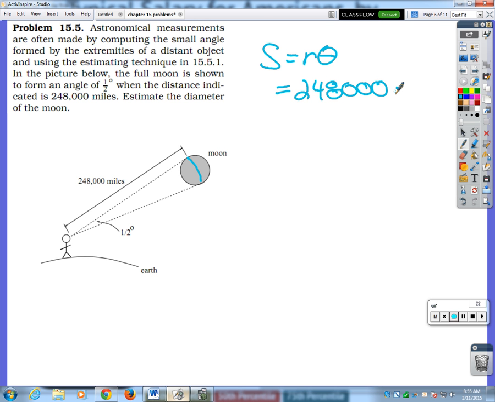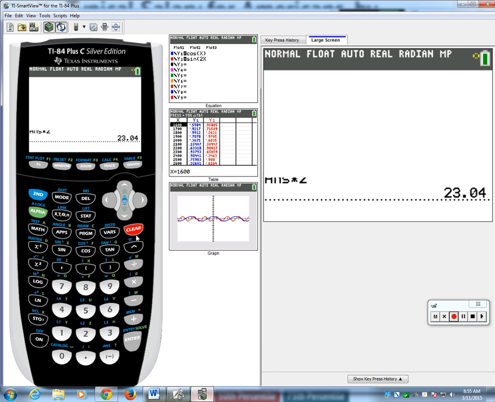The angle, however, is not 1/2 a degree because the angle has to be in radians. So I'm going to change that into radians by going 0.5 times pi divided by 180.